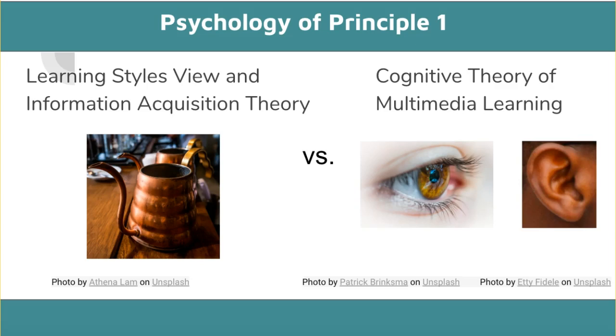However, this theory falsely assumes that people learn as though the mind were an empty vessel simply waiting to be filled with incoming information. Opposed to this is the cognitive theory of multimedia learning that makes 3 assumptions. The first is that all people have separate channels for processing visual and verbal material.